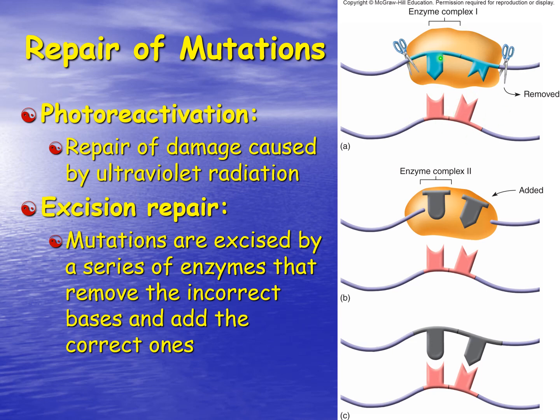Well, now we're actually cutting the parental strand and putting in the bases that match the mutation. And this can then result in mutations within the genetic code. So we have a 50-50 shot of correcting it back to the original strand of DNA.